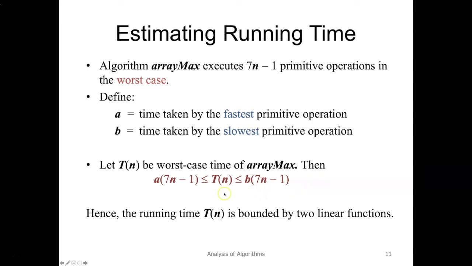But we also know that the time this will take is at least whatever our fastest primitive operation was, however long that takes, times however many primitive operations we had. So this function, 7n minus 1, gives an upper and a lower bound, up to some small constant, a or b, of the worst case running time. So this is a good expression of the worst case running time of our algorithm.